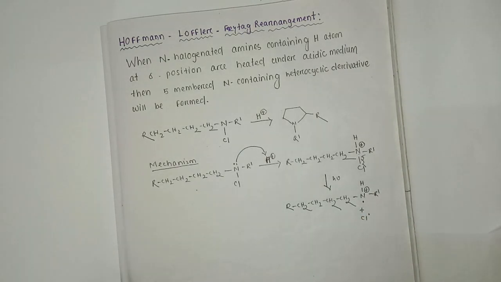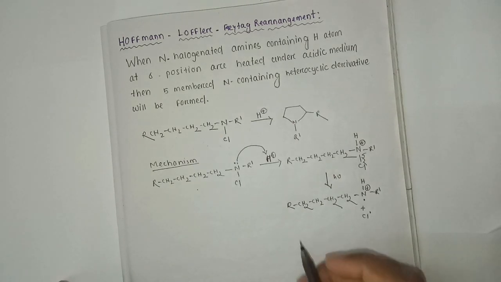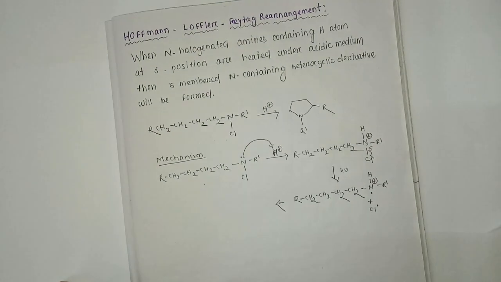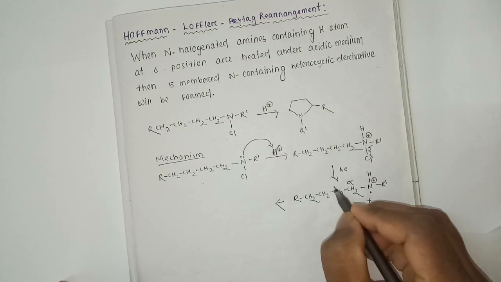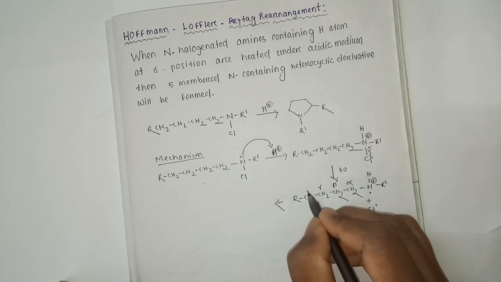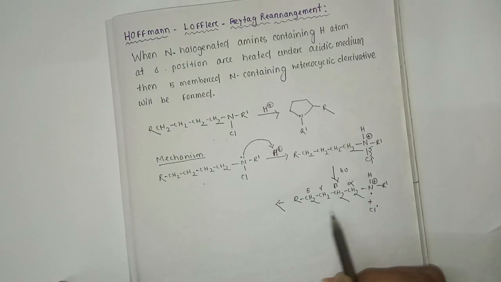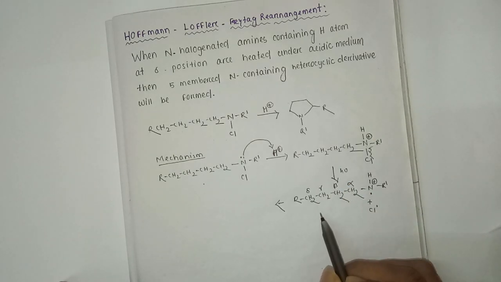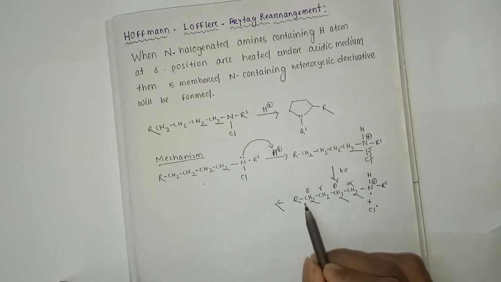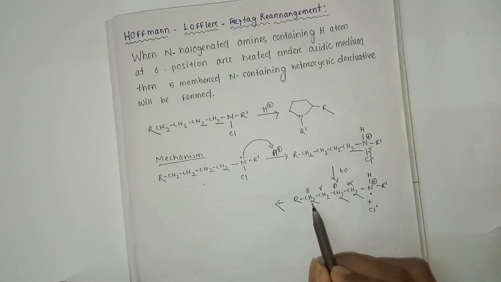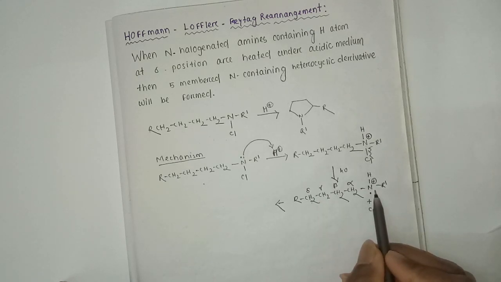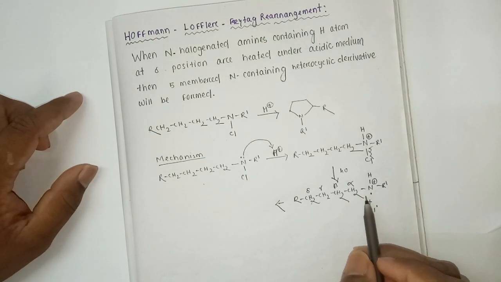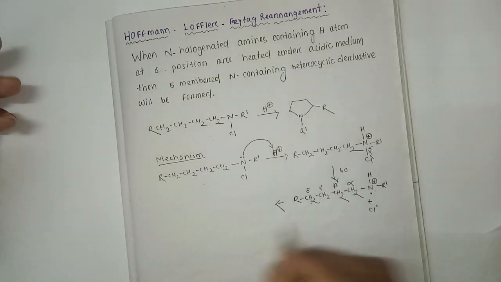This is the second step. We know that this is the alpha position, this is beta, this is gamma, and this is the delta position, and in this rearrangement reaction one hydrogen exists at the delta position. So this hydrogen shifts towards nitrogen with the help of radicals.